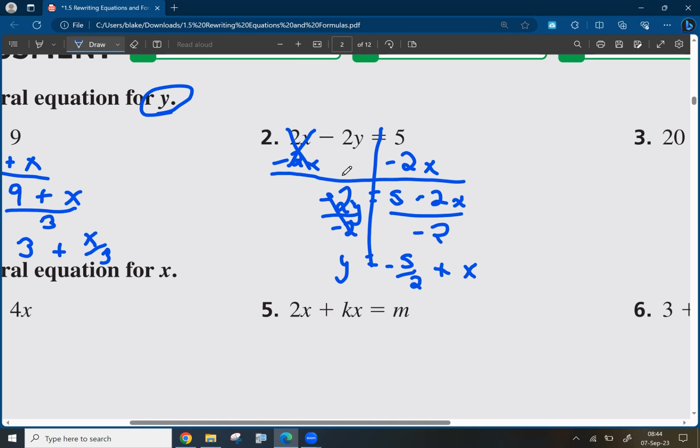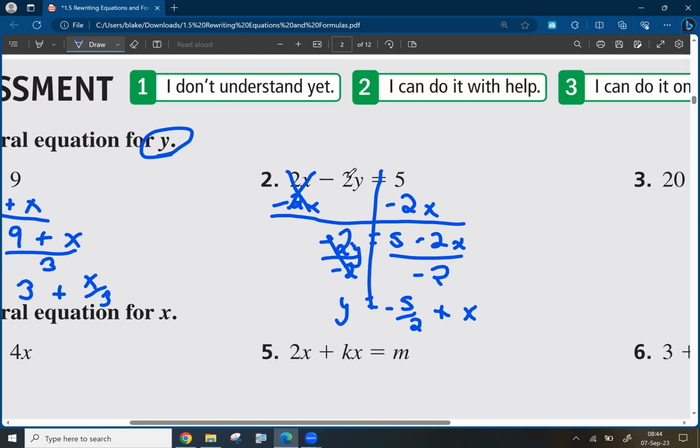And when I say that this is a negative 2 instead of a minus 2, and think of this as a negative instead of subtraction, think of it like this, right? You could imagine this originally written as 2x plus negative 2y equals 5. That might help if you think of it like that, right? You have this adding a 2x, so therefore that's why you subtracted it.